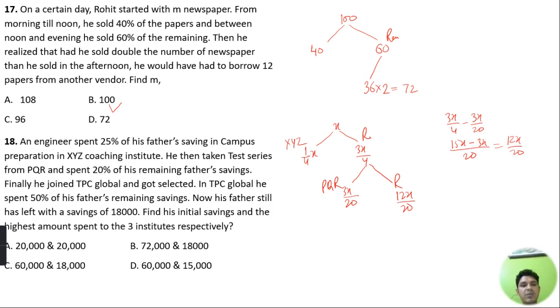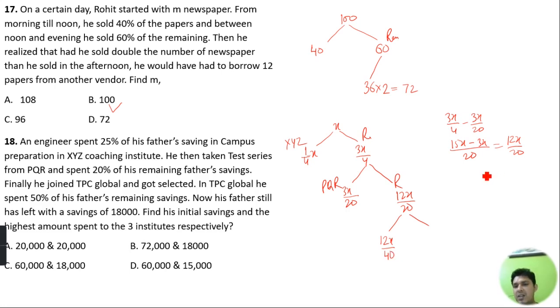Right? Finally, he joined TPC Global and got selected. In TPC Global, he spent 50% of his father's savings. That means 50% will be how much? 50% will be simply 1 by 2. That means 12x divided by 40.